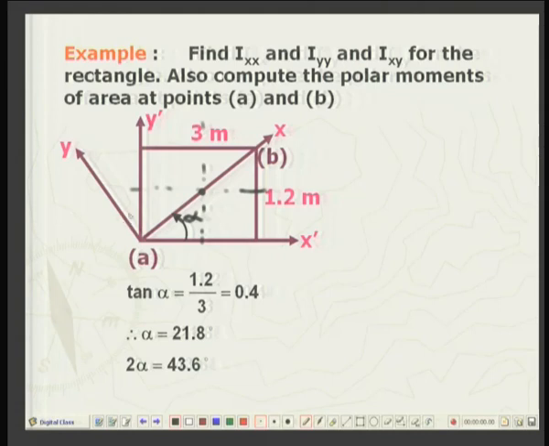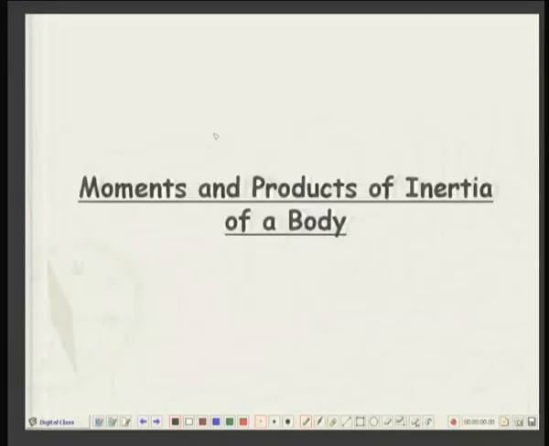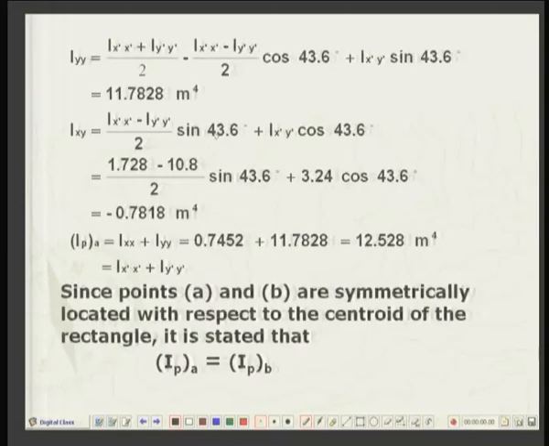So, it means that polar moment of area about point A is equal to polar moment of area about point B. So, I polar about point B is equal to I polar about A. Okay. That is why we will have this result, and the value will be equal to 12.528 meter 4.